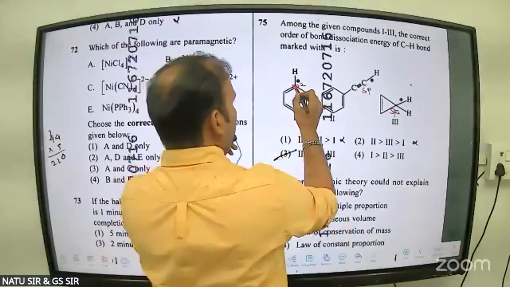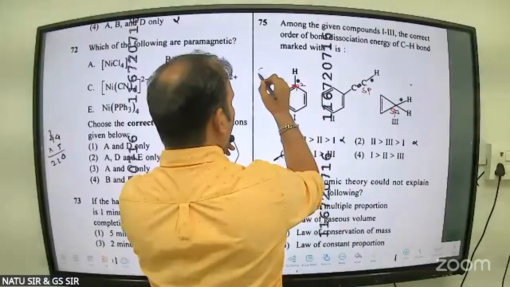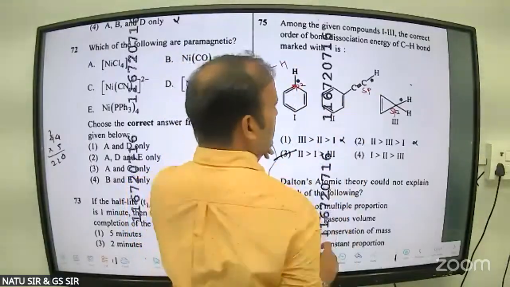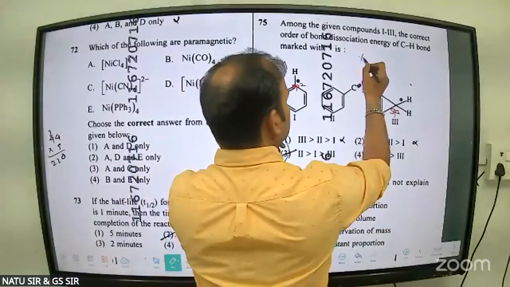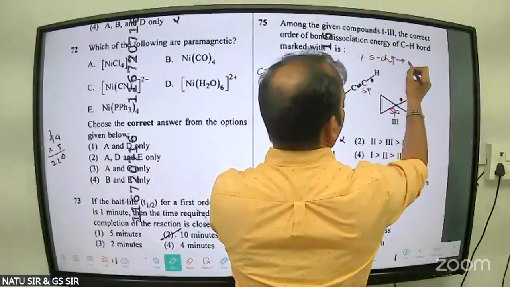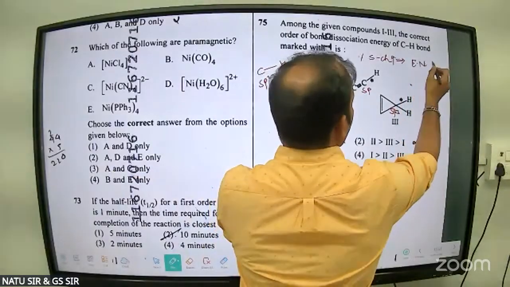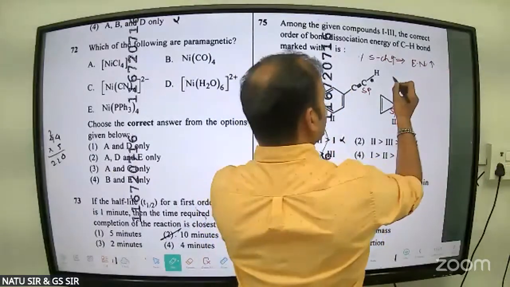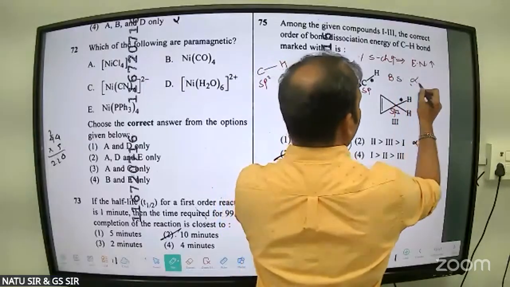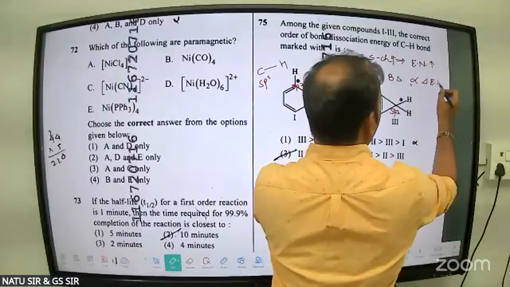So ultimately the bond between carbon and hydrogen is with sp2 carbon, sp and sp3, and I know that as the percentage s character increases, simply electronegativity will also increase, and I also know that bond strength is directly proportional to the difference in electronegativity.